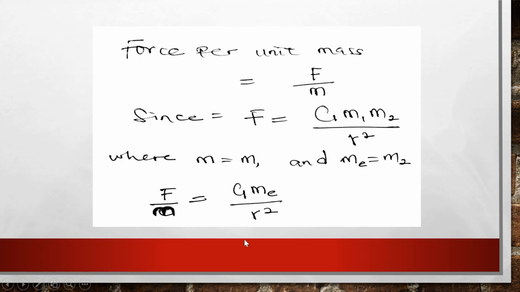Sorry, let's go back. Force per unit mass is the same thing as dividing the force by the mass, F over m.